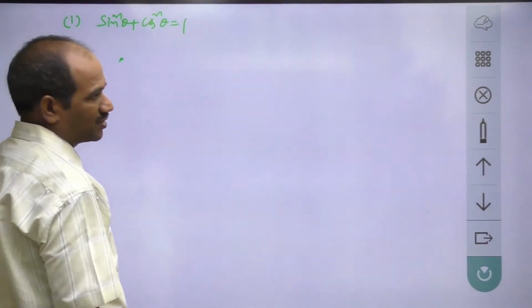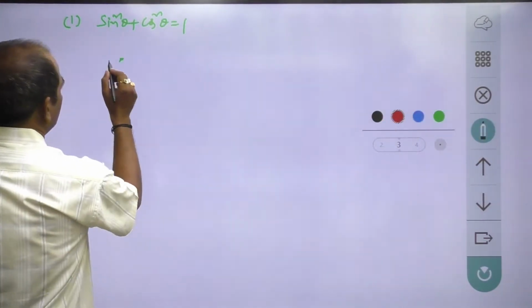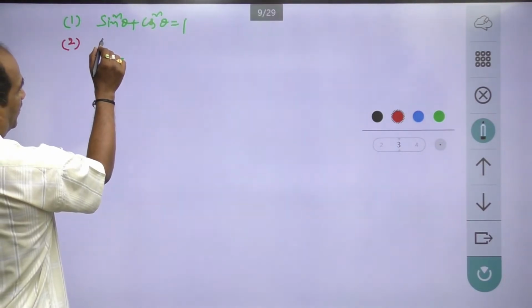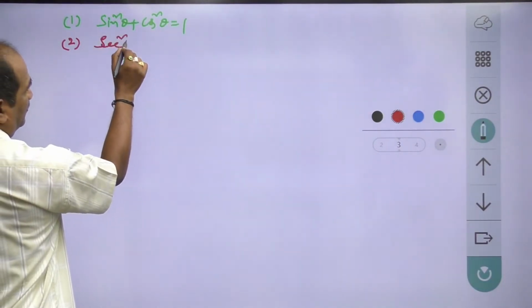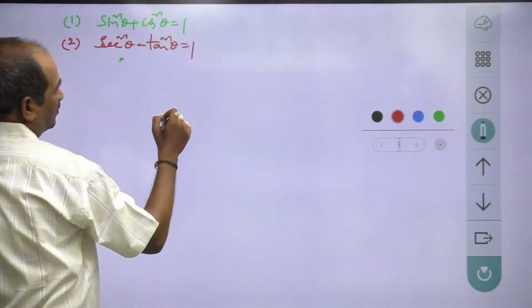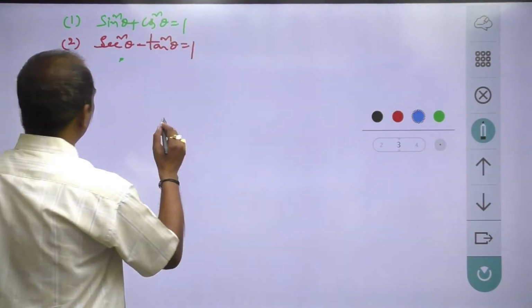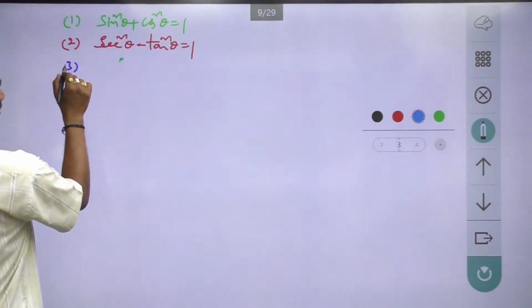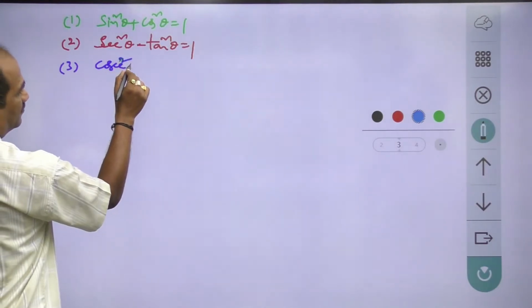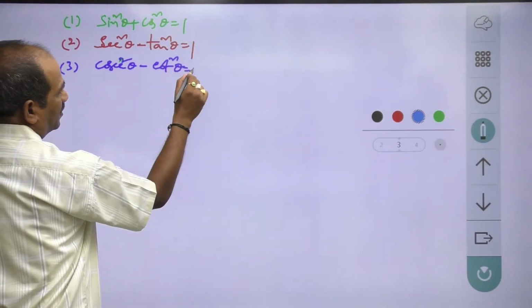Second, secant square theta minus tan square theta is equal to 1. Third, cosecant square theta minus cot square theta is equal to 1.